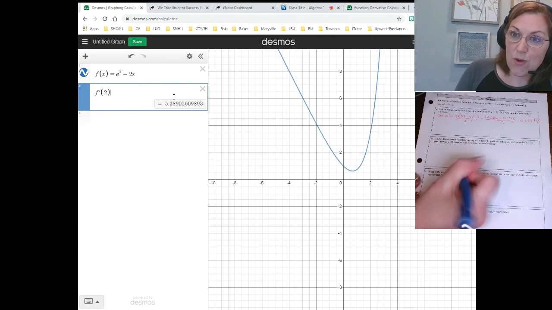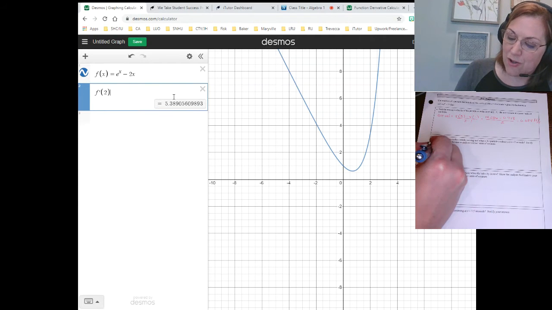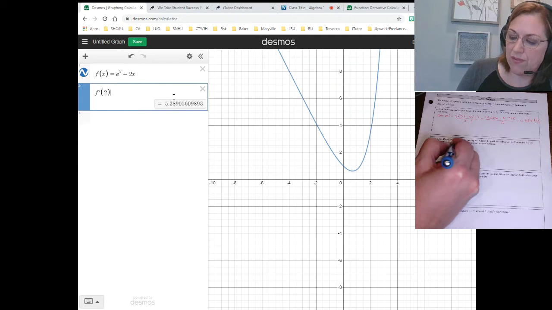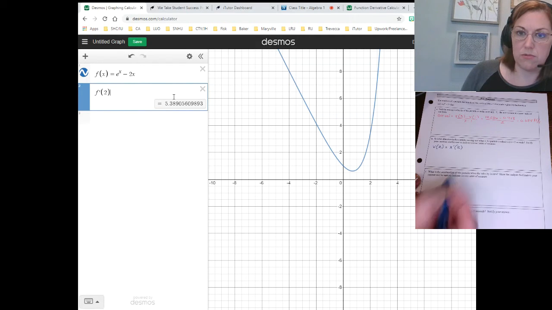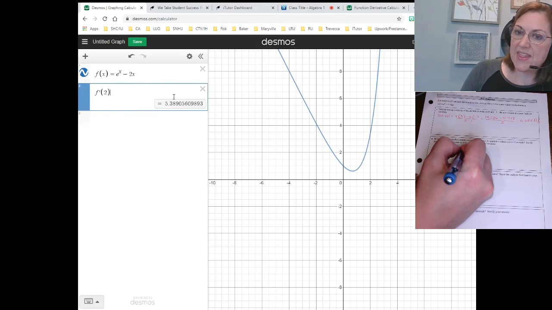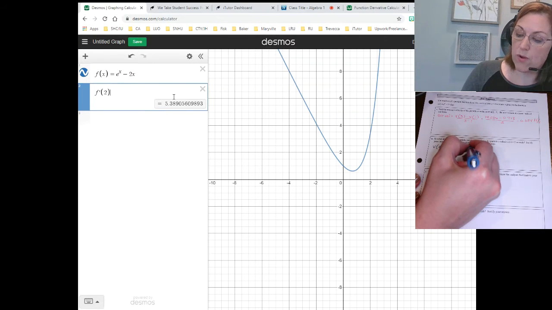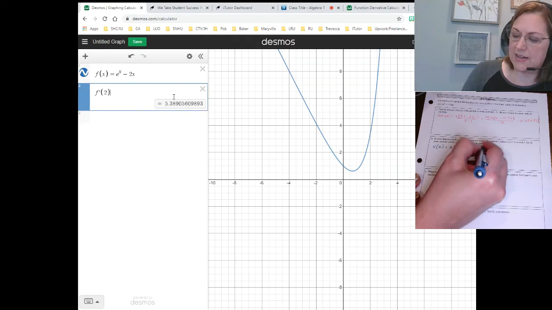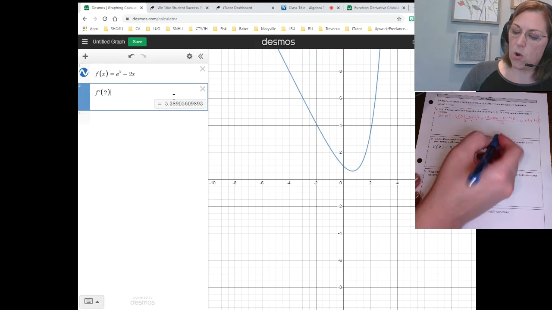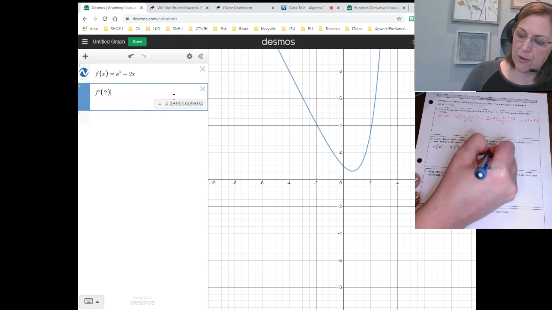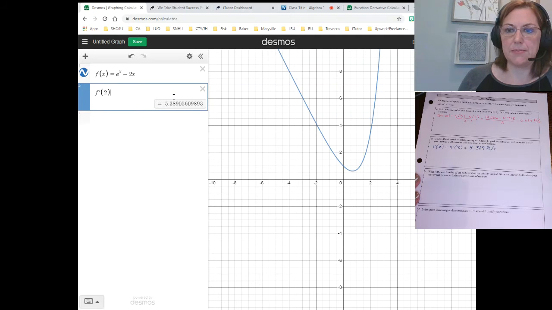Now, when you write your answer for AP style, you'll need to go back to being the velocity. So the velocity at 2 is the derivative at 2, and that is 5.389. And that also is in feet per second.